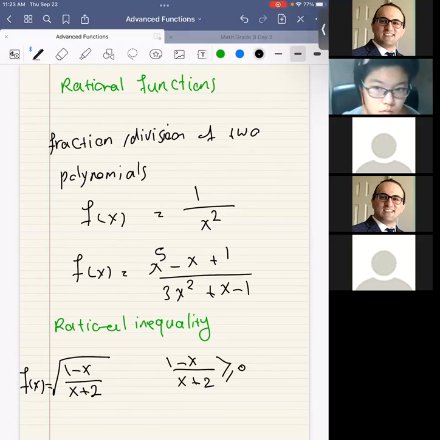Now look at this. This is a rational inequality because you have a rational function and you have an inequality. That's why it's called a rational inequality. To solve a rational inequality, you do the same thing as we did for polynomials.